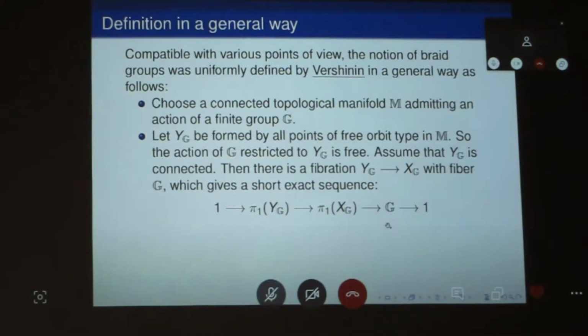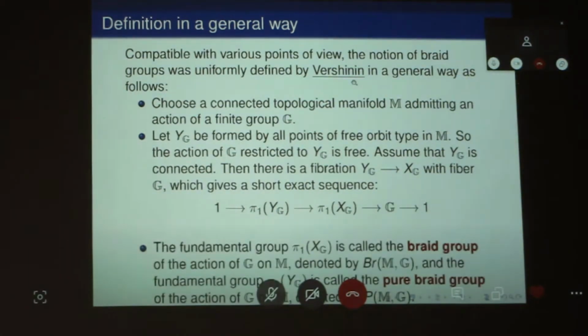Then we can get this short exact sequence. The fundamental group of this one is called the braid group. The fundamental group of this one is called the pure braid group.